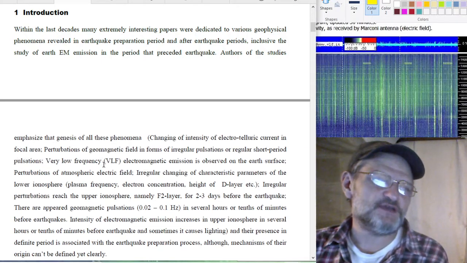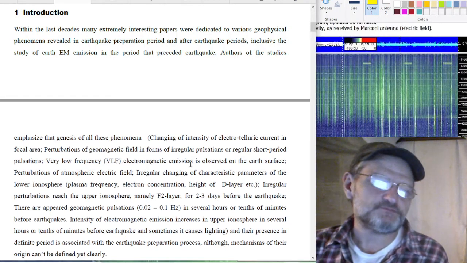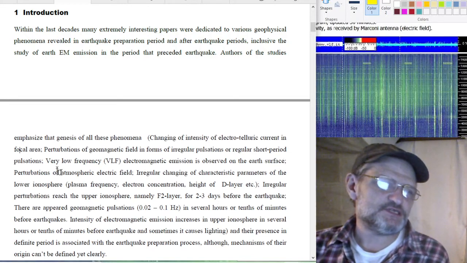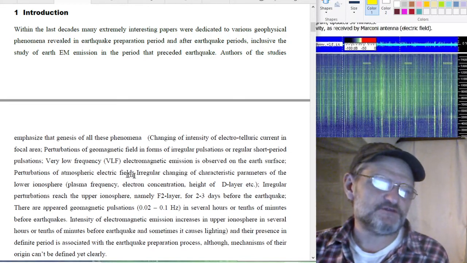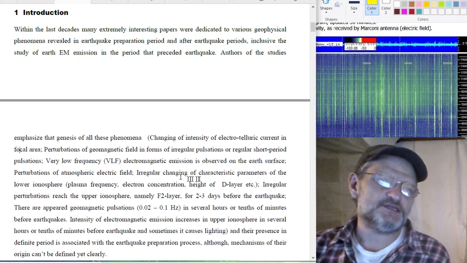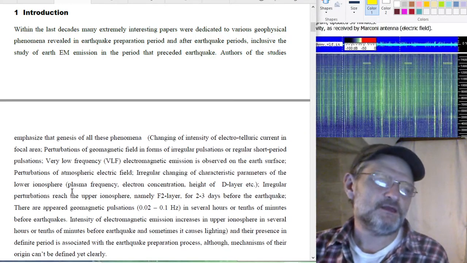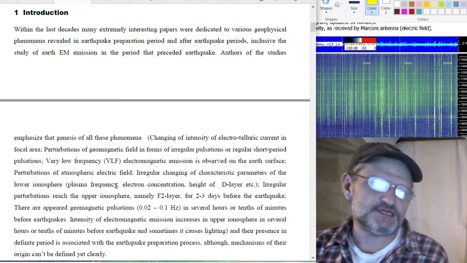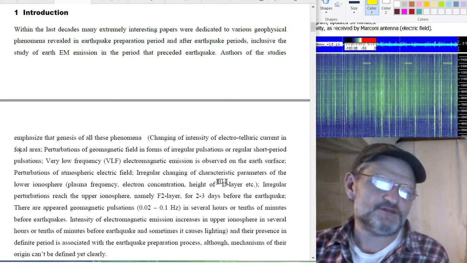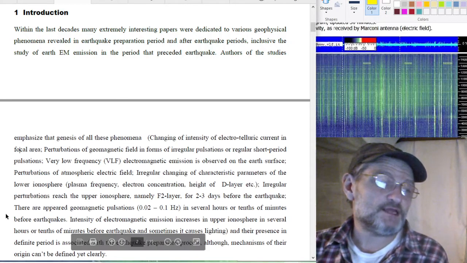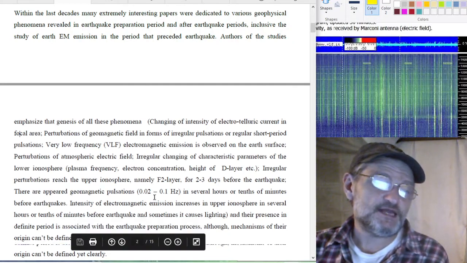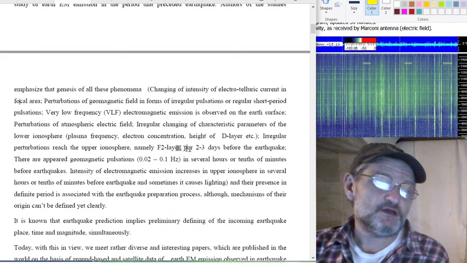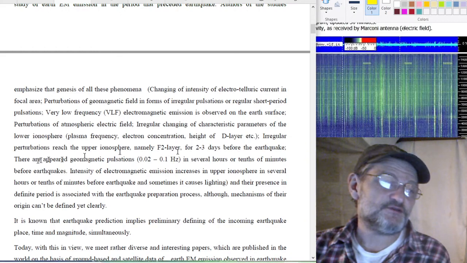very low frequency VLF electromagnetic emission observed on the Earth's surface, perturbations of the atmospheric electric field, and irregular changing of characteristic parameters of the lower ionosphere, that's plasma frequency, electron concentration, height of the D layer, etc. Irregular perturbations reach the upper ionosphere, namely the F2 layer, 2 to 3 days before the earthquake.